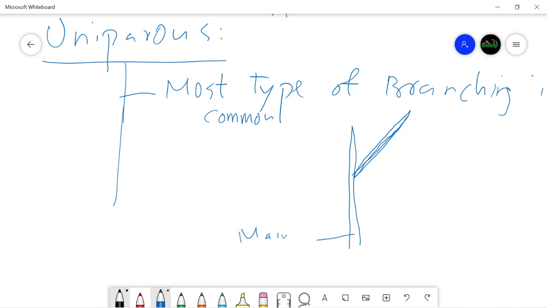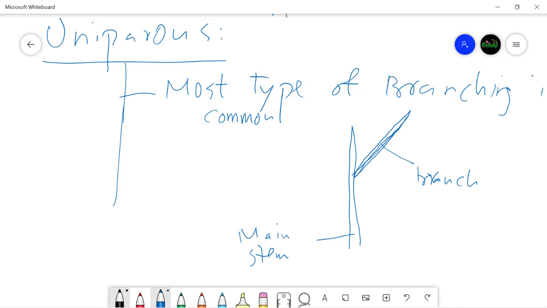Say this is the main stem and this is the branch. Now how is the next branch produced? Either it is produced on the same side or it is produced on the opposite side. So according to this, in the Uniparasyme, as you can see, there are two options.